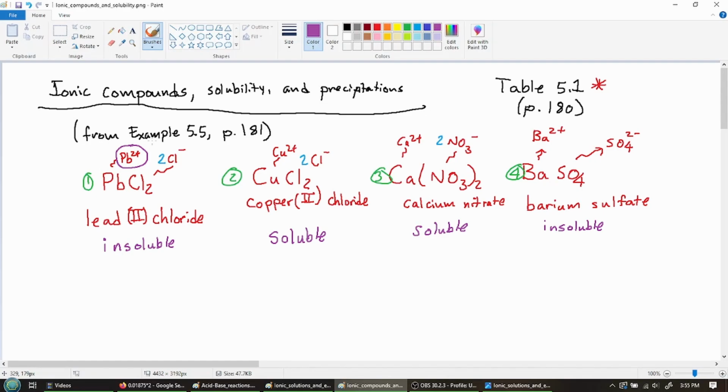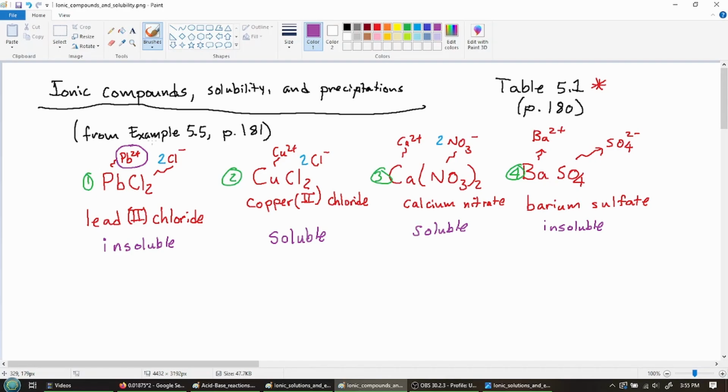And how about the last possible interaction here? Lead 2 interacting with nitrate. Well, it can happen, sure, right? It could form lead 2 nitrate again. But we already saw that if it forms, it'll just dissolve just like it did in the first place.